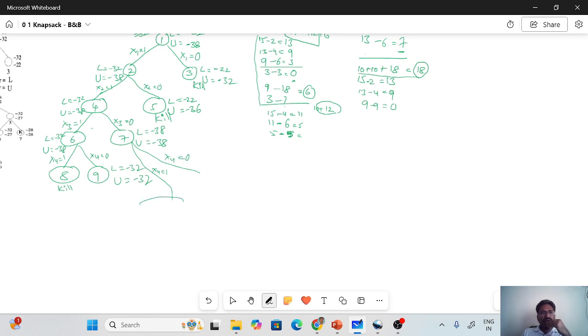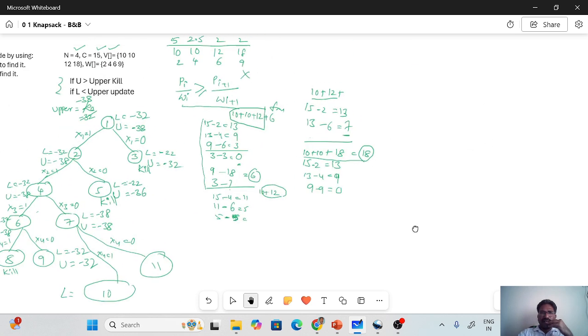If it is equal to 1, node 10. If it is equal to 0, node 11. What is the meaning of this one? I consider 1, 2, 3 not considered, and 4 I am going to consider. So what is the L value?